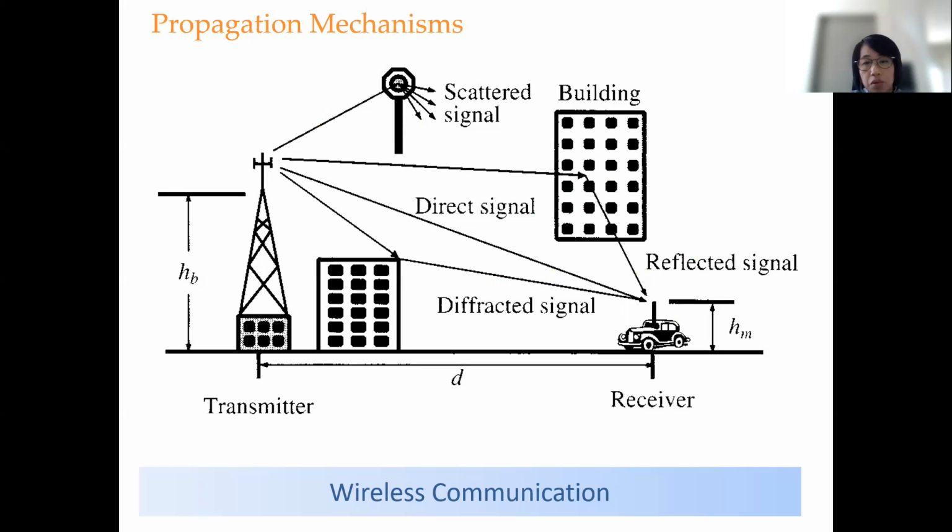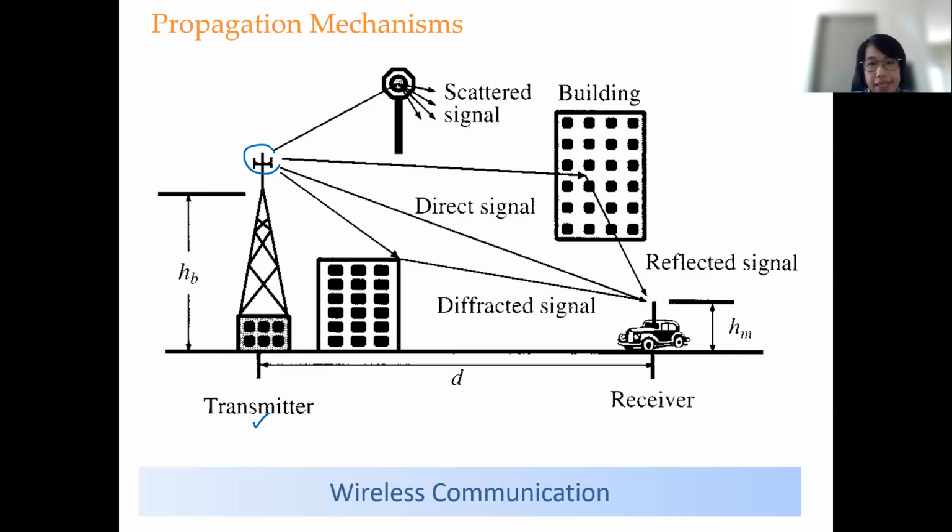Okay, so this is a real scenario of the propagation mechanisms. We have a transmitter here, on a high tower that is higher than the building, and the receiver is here.